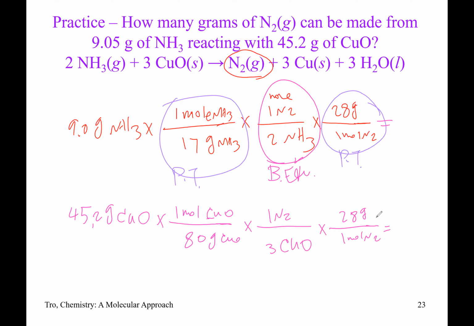If you have your calculator out, can you give me these numbers? Divided by 3. Okay, give me the first number quickly. So do 9 times 14 divided by 17.